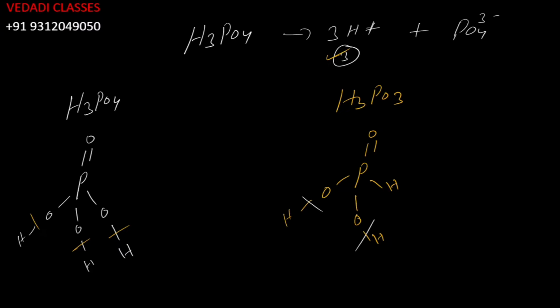So H3PO3 has only 2 displaceable hydrogens, so its basicity will be 2, not 3. You should keep this in mind. This is a very important question. If it comes, you should give this answer. Now just move towards the next part. What is the next part?